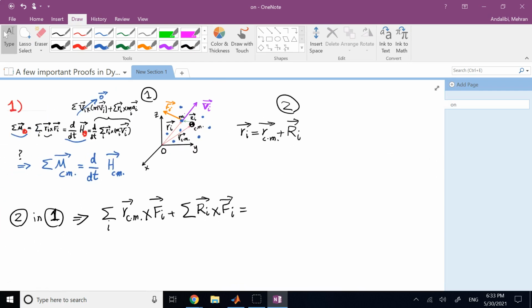So I replace it, then it is going to be summation over i of Rcm cross mi ai plus summation of cap Ri cross mi ai.